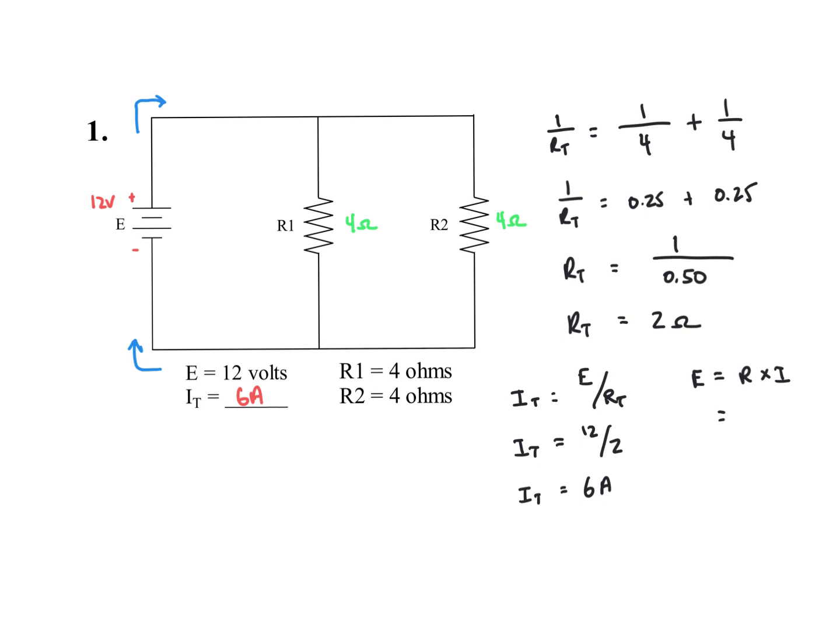My resistance was 2 and my current was 6, which means that E would be equal to 12. 12 what? 12 volts. So that kind of proves that the equation is sound. So that kind of wraps up question 1.